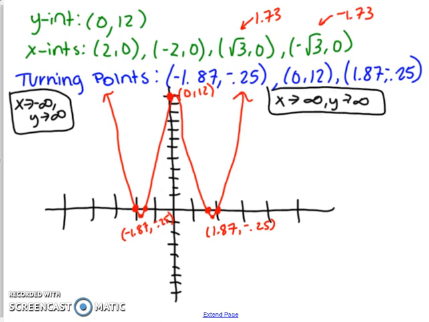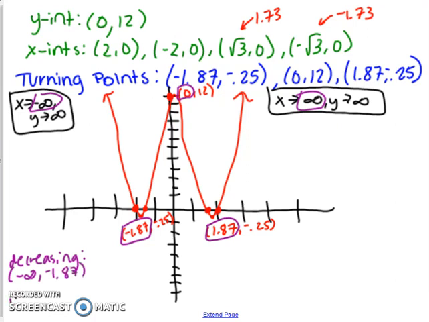To do our increasing and decreasing intervals, we're looking at the x's of our turning points. So we're going to box them off. And the first thing that we do is we decrease. So it's decreasing from negative infinity to negative 1.87.